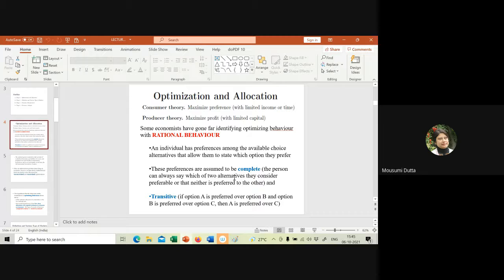Given a set of alternatives, say N, I'll be able to pick and choose, and arrange the commodities or the resources in a particular order, whether I am preferring it, not preferring it, whether this will give me better satisfaction than the other, all these things.